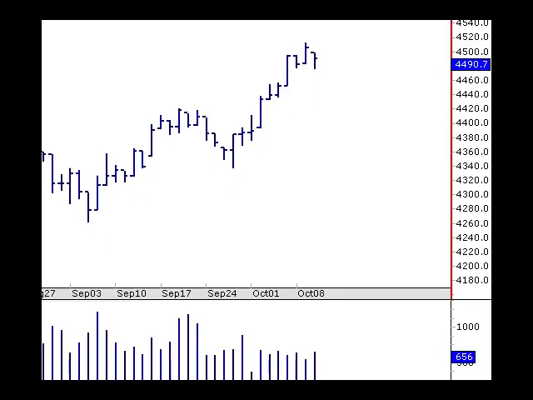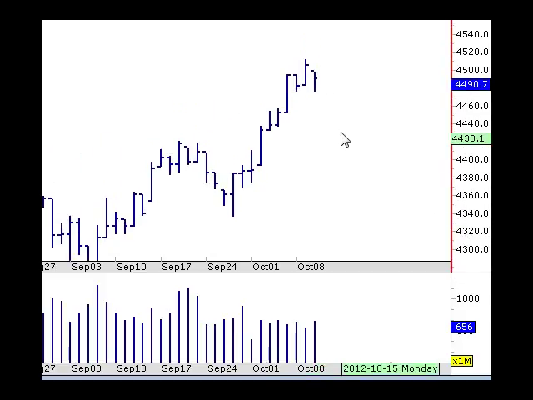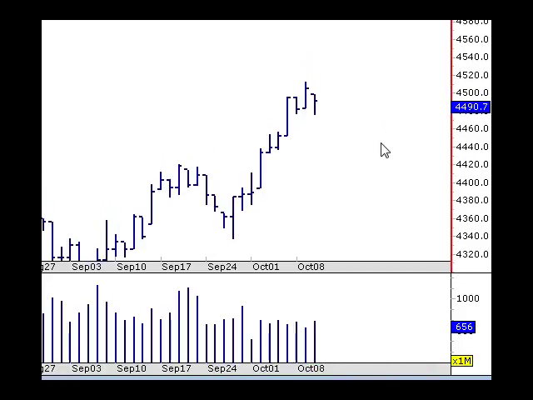We can see the V-shaped day coming in on stronger volume, bringing it back up. It just didn't make a new high as such. As I mentioned before, coming into the 4,500 here, there's going to be a larger correction, 5 being the second strongest number. So we need to expect more corrective pattern to unfold here.